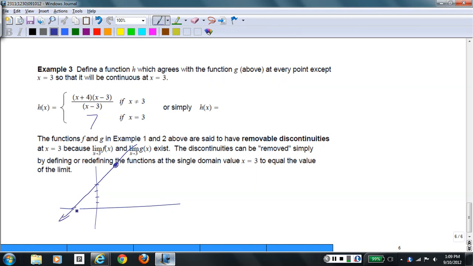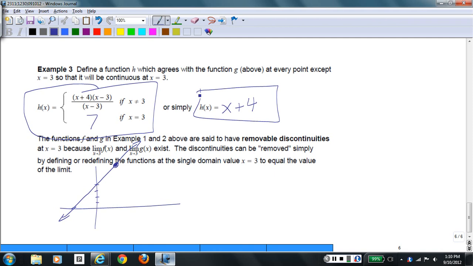So now, the graph of this function is identical in every way, including the point 3, 7, to the function h of x equals x plus 4. Absolutely no difference between them. Same domain because we've defined it at 3. That was the only discrepancy. So this is just a ridiculously fancy way now of saying exactly the same thing as that.